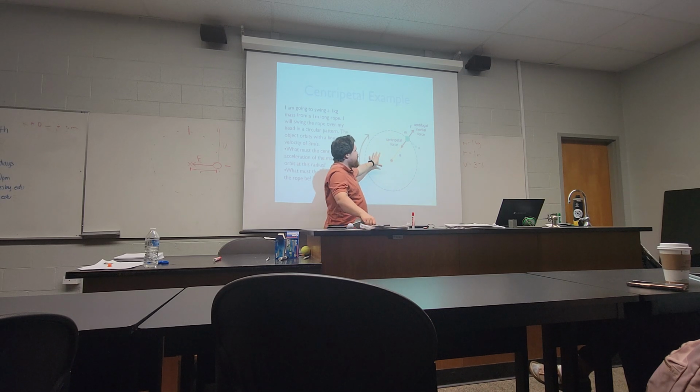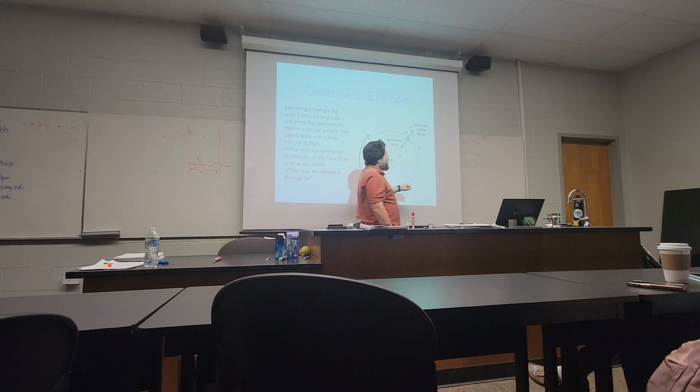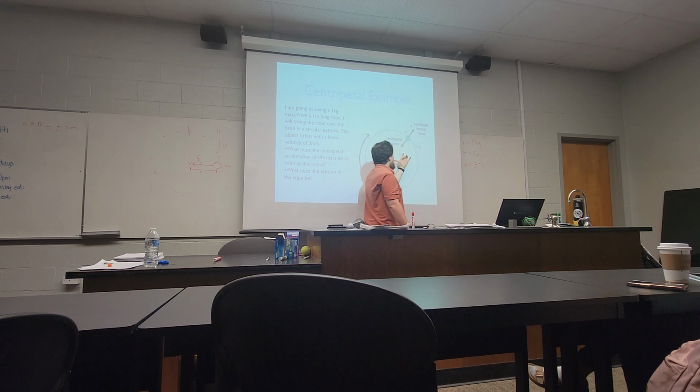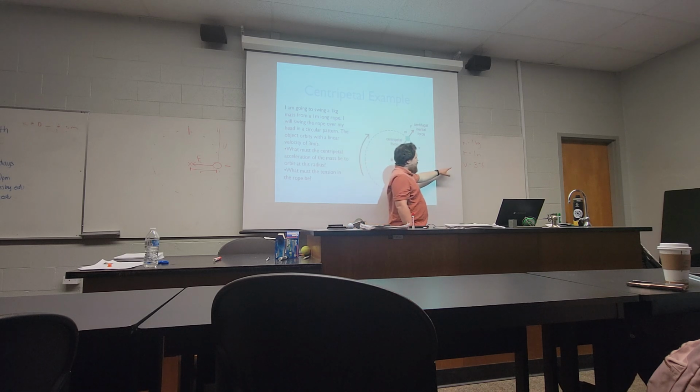And so this is a picture kind of the top down, seeing the circle from above. Mass of 1 kilogram, circular radius of 1 meter, because again, the length of the string is the radius of the giant circle, and a linear velocity of 3 meters per second.